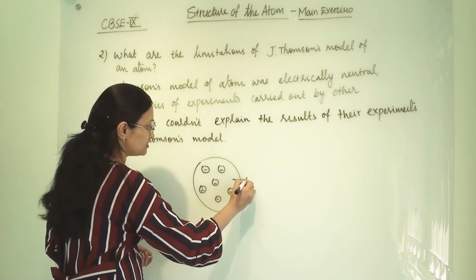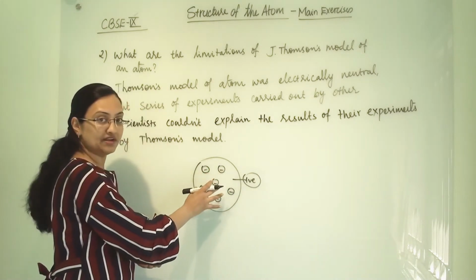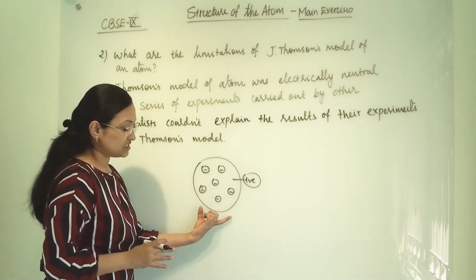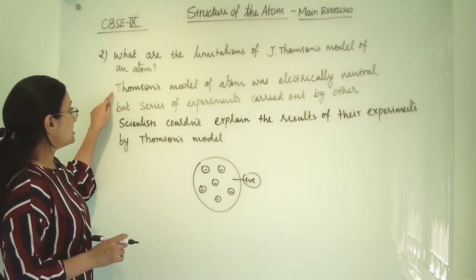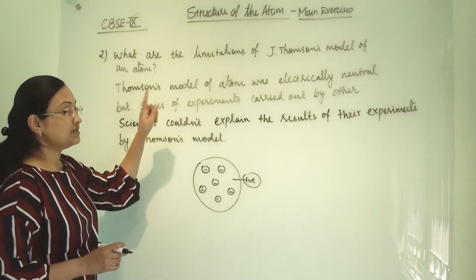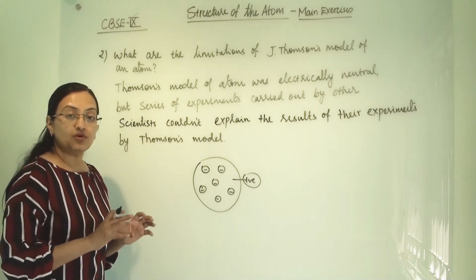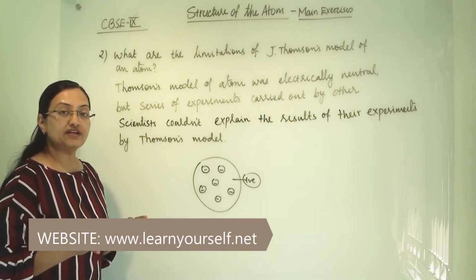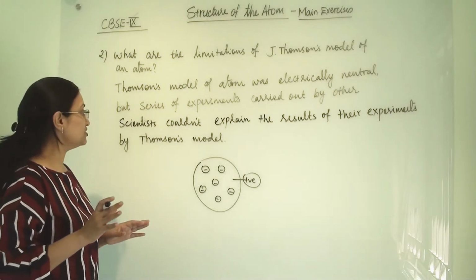This positive sphere has all the negatively charged particles embedded in it. He stated that the atom is electrically neutral because the positive and negative particles are equal in magnitude.